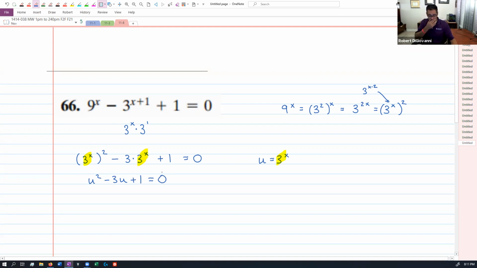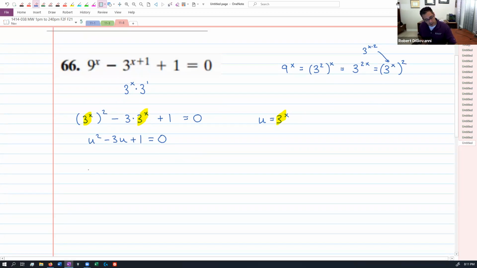All right, that does not factor. So I have to use the quadratic formula. So my solutions are u is negative b plus or minus the square root of b squared minus 4ac, all divided by 2 times a. So for us here, a is 1, b is negative 3, and c is 1.